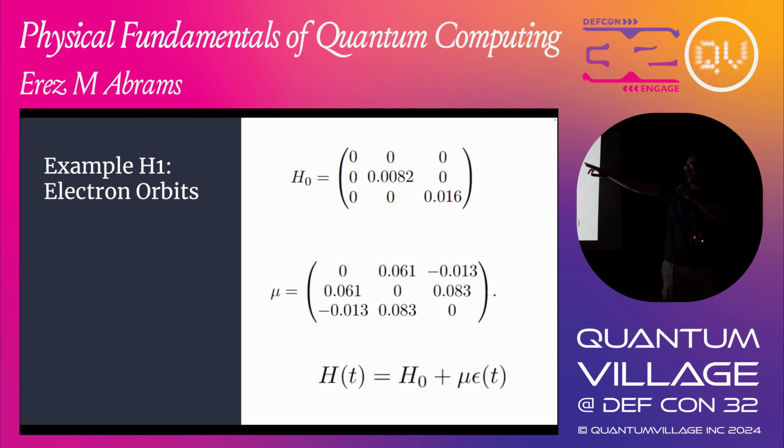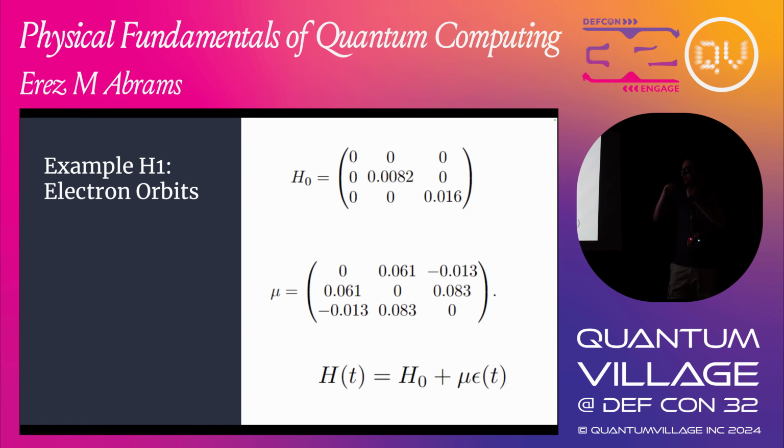We see that the second energy level is 0.0082 whatever unit more than the lowest energy level, and the third is 0.016. I believe these are atomic units, where you set Bohr's radius equal to 1, h bar equals 1, things like this. But this has units of energy.